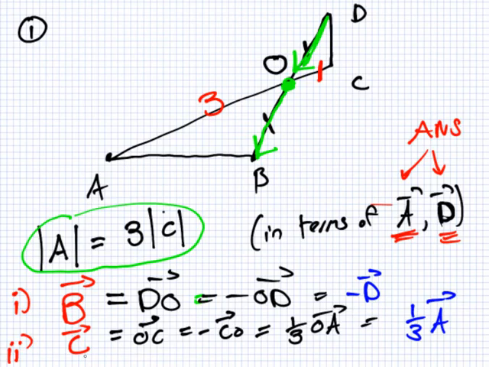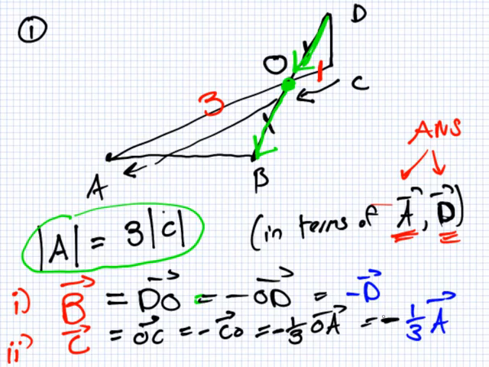No, look, this is OC, which is the same as minus CO. And this CO is the same as OA, but just 1/3 of it. And it says minus, yes, it's correct. Oh, I never carried my minus over. So minus 1/3 A.